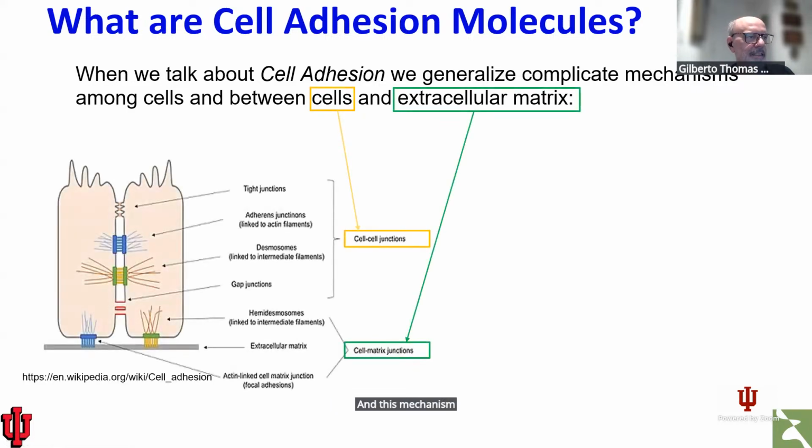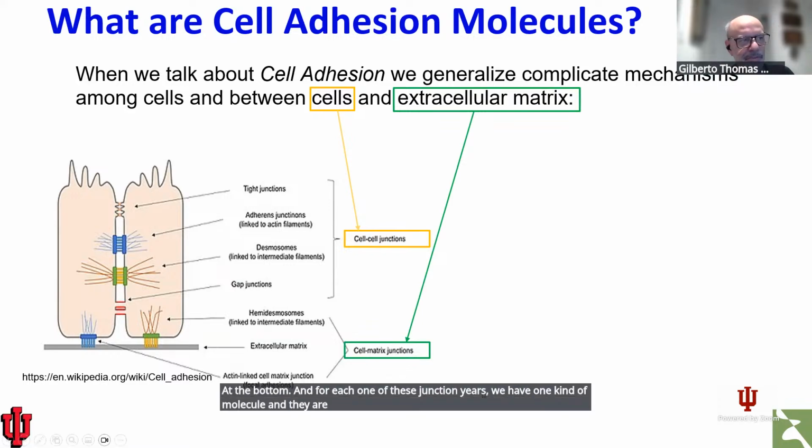For example, here we have the interactions between two cells, the tight junctions, adherens junctions, lots of biological terms here. And you have the cell-extracellular junctions here at the bottom. For each one of these junctions, we have one kind of molecule, and they are very different from each other.